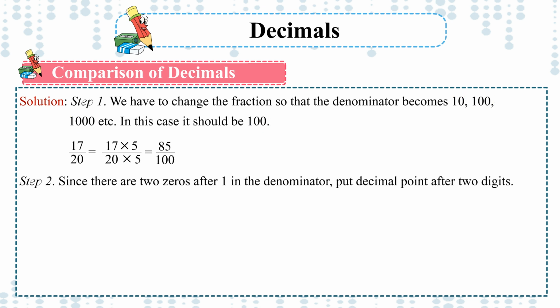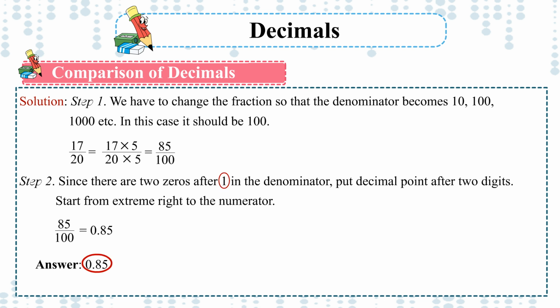Step 2. Since there are 2 zeros after 1 in the denominator, put decimal point after 2 digits. Start from extreme right of the numerator. 85 upon 100 is equal to 0.85. Answer.